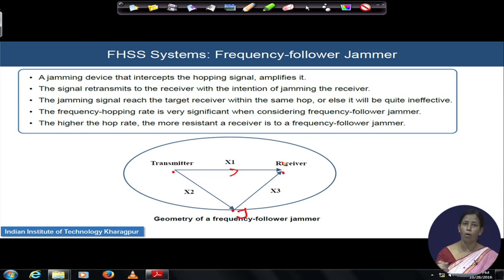So, he can also hop in the same pattern like you. So, you are in trouble, and additionally, if he can reach you within the same hop, your detection process will be in high trouble, because his transmitted jamming power will be higher than your transmitting power.